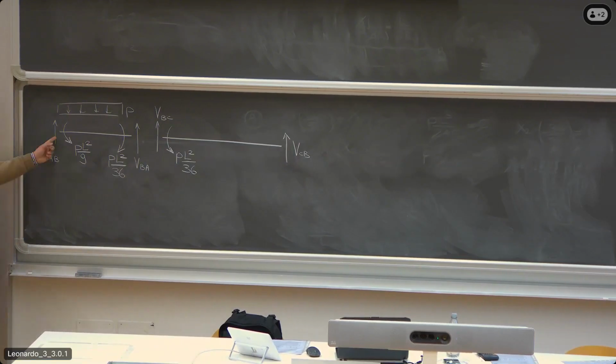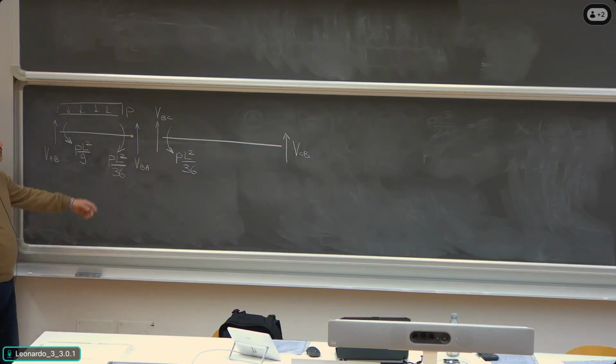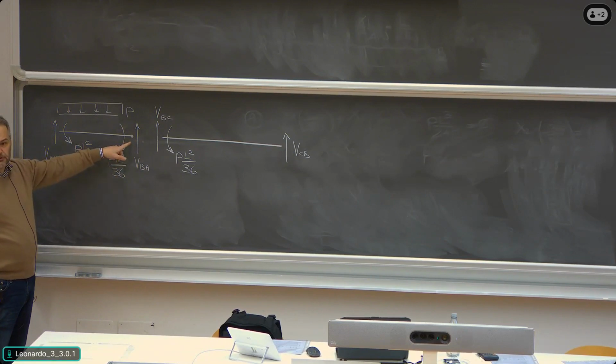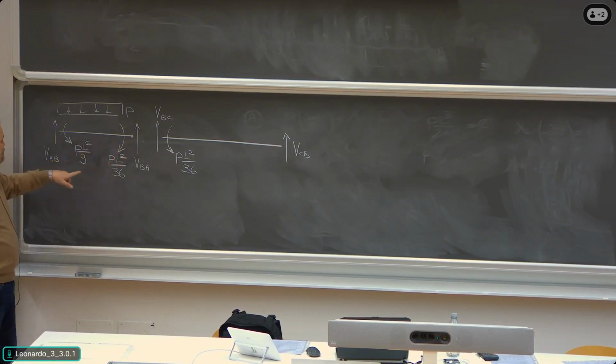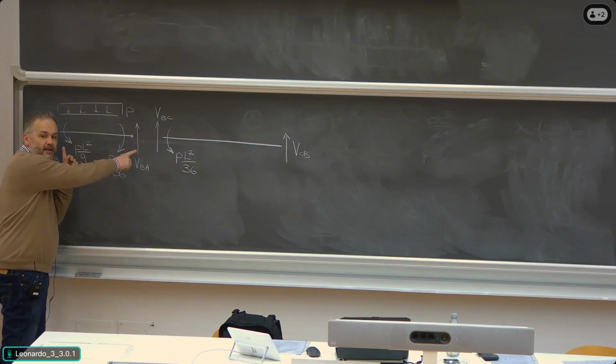So, in order to get VAB, the wisest choice is to write an equilibrium equation with respect to rotation about point B. In this way, we don't have the contribution of the unknown VBA. Okay? So, my first equilibrium to work out VAB is rotation about point B of the first span, AB.